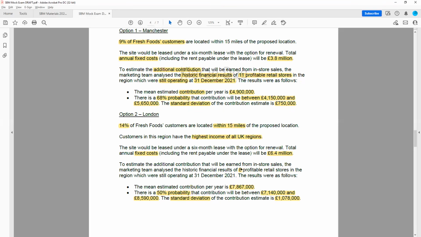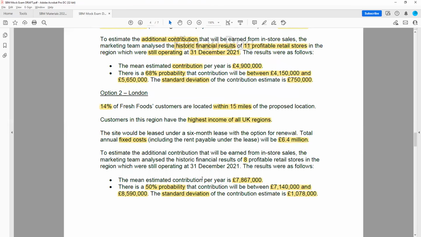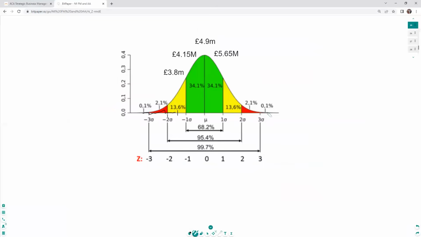Now the question may just tell you it's normally distributed, and then you can calculate the probability, or it might, like this, give you some information about the data. We're told there's a 50% probability that contribution will be between this and this, and we're told what the standard deviation is.